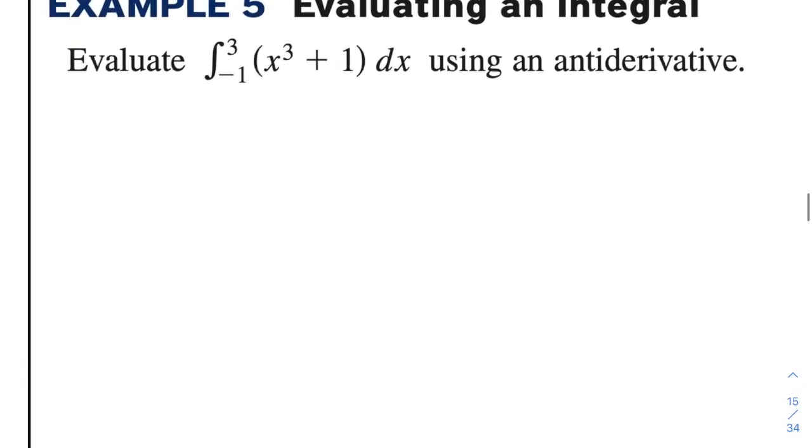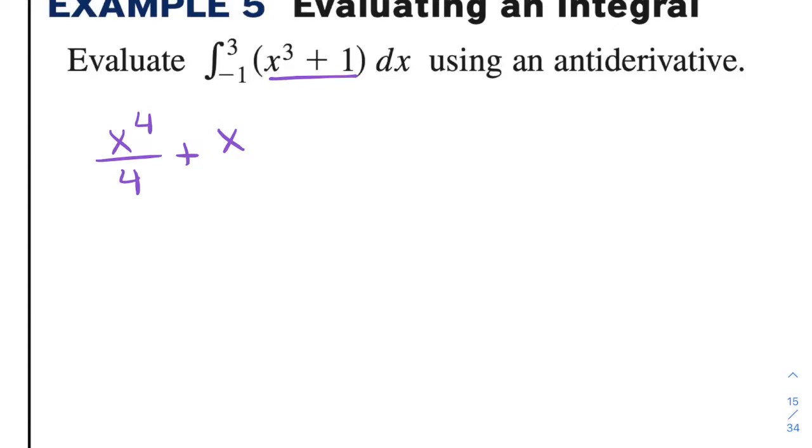We're going to evaluate this one by hand. The first thing we're going to do is find the antiderivative of x cubed plus 1. Remember, you're going to add 1 to the exponent and divide by the new exponent. For the 1, the derivative of x is 1, so the antiderivative is just x.